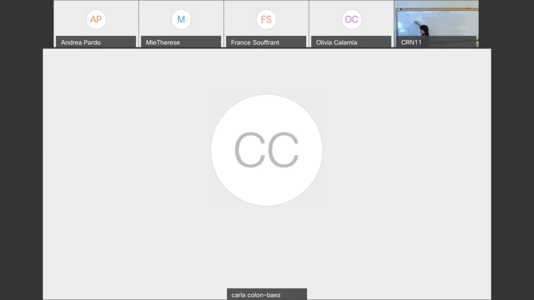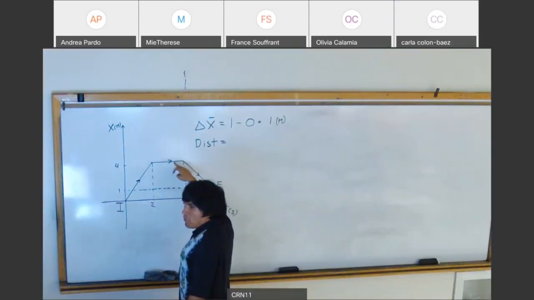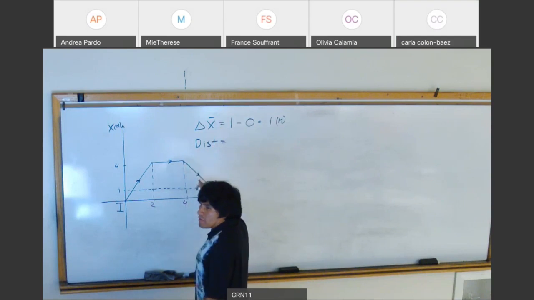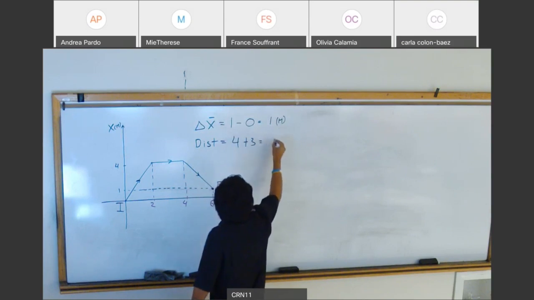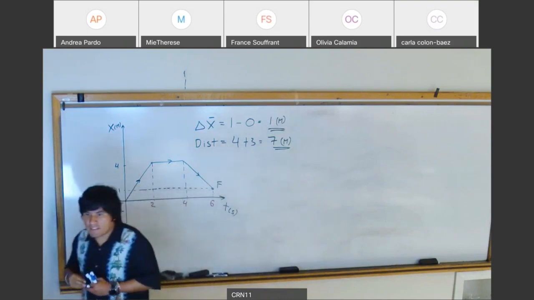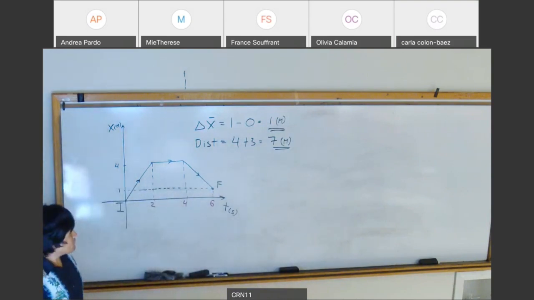You move 4 meters. You stay at 4, so you didn't move. And then you went down to 1. So 3 meters. 4 plus 3, 7. That's your distance and that's your displacement there.